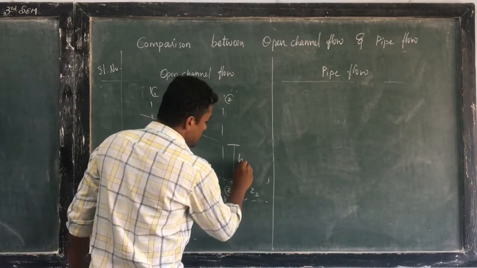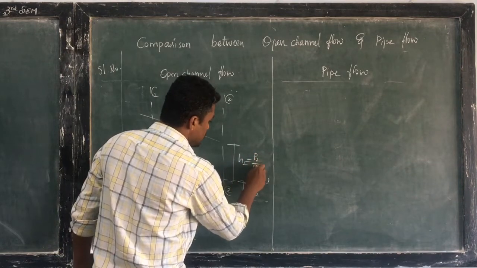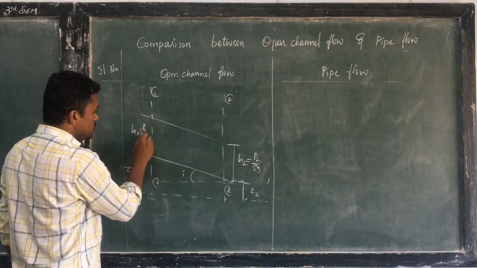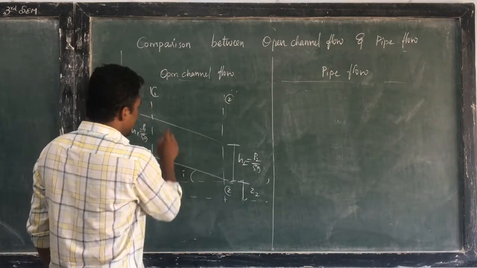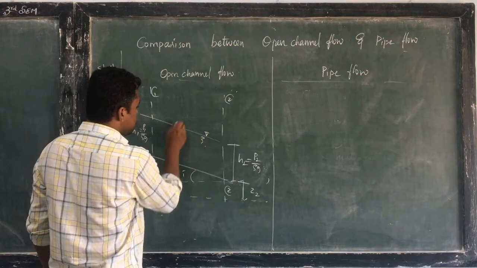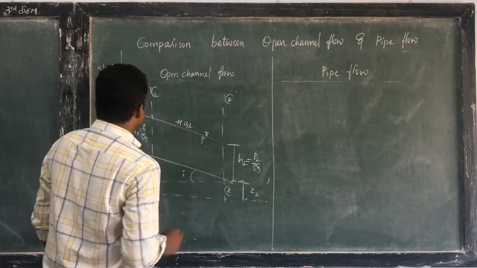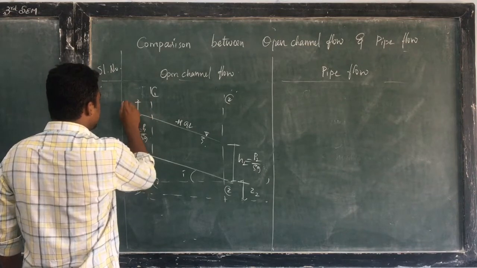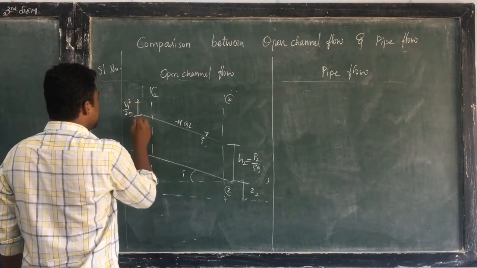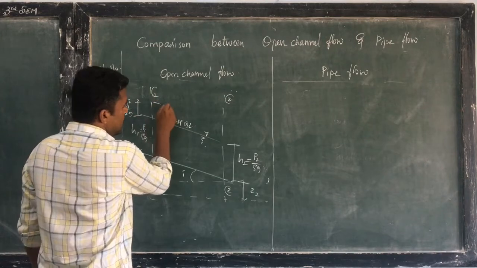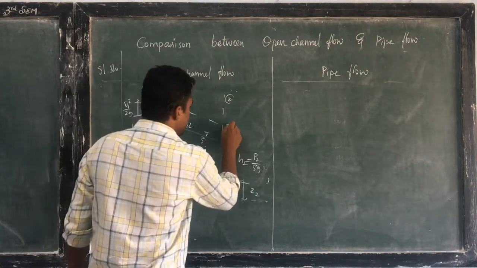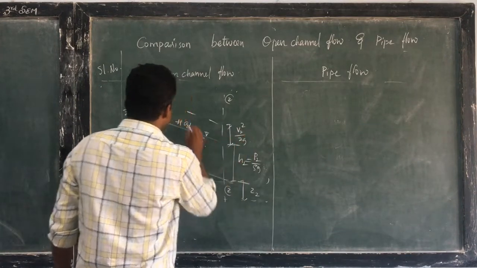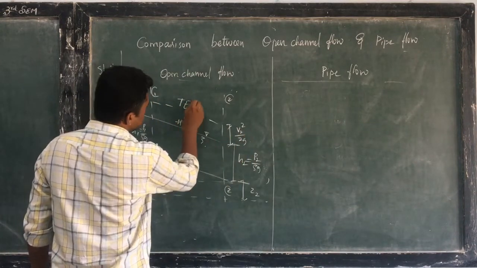This is H2, which is P2 by rho g, and this is our H1 at section 1, which is P1 by rho g. Our free surface itself is the hydraulic gradient line. Of course we have V1 square by 2g, which is the kinetic head, and here we have V2 square by 2g. This is our total energy gradient line.